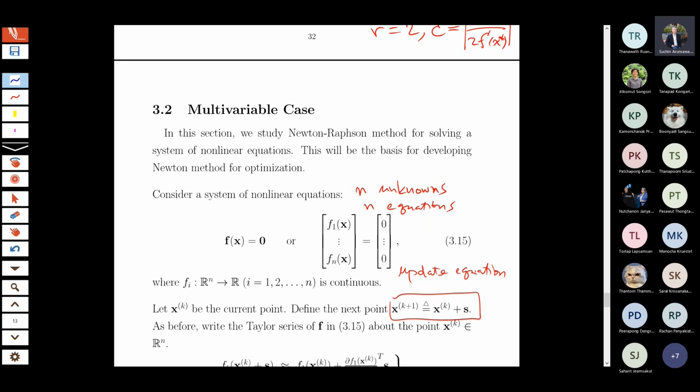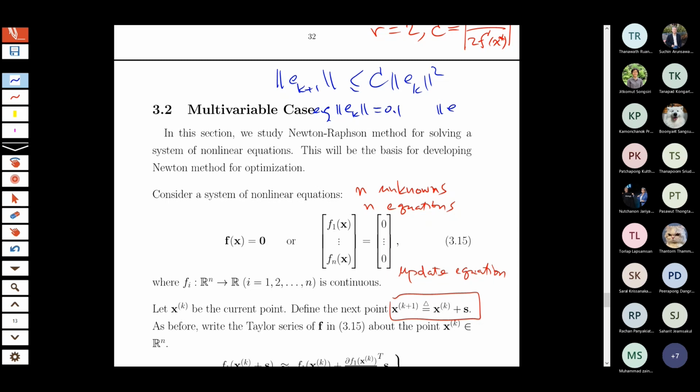That means the norm of e_{k+1} is less than or equal to some constant times the norm of e_k squared. When the norm of e_k is less than 1, then e_k squared is much less than 1. For example, if the norm of e_k is 0.1, then the norm of e_k squared is 10 to the power of minus 2, right?